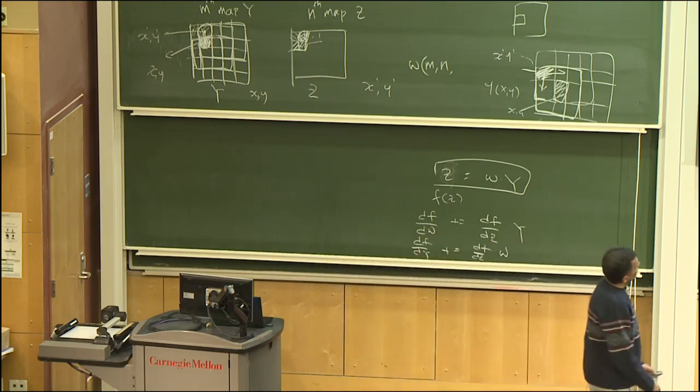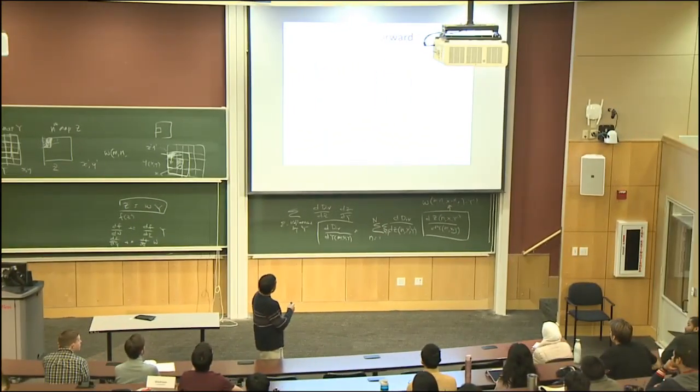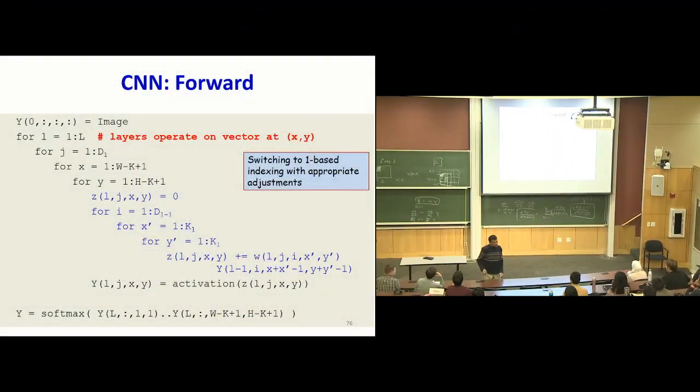I just do that. Now here's your forward equation for CNNs. When I wrote down the forward equations for CNNs, you went through the layers, you went through the filters, each filter scanned the input, correct? And at each position, what did you do? You positioned the filter at some location, and then you computed a pairwise product of the filter position and the y and added them up, right?